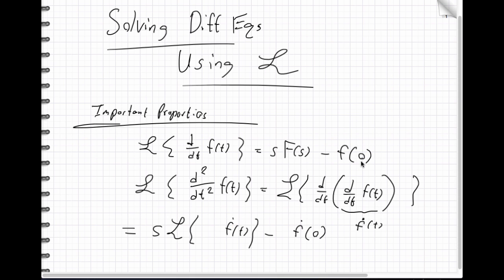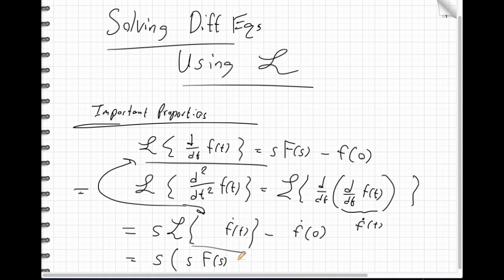Now this is exactly this, so these two Laplace transforms are identical, and I can substitute directly. So I get s times the quantity s F of s minus f naught, minus f dot naught, and I'll expand to give the final equation.